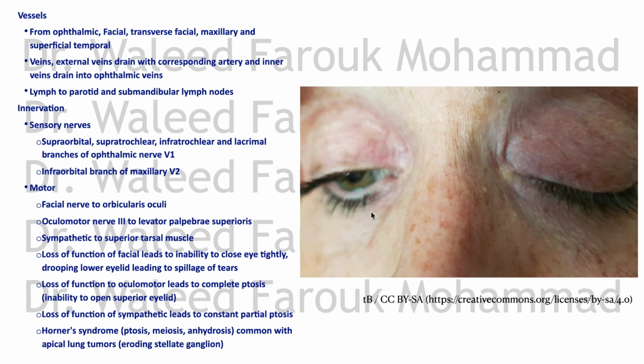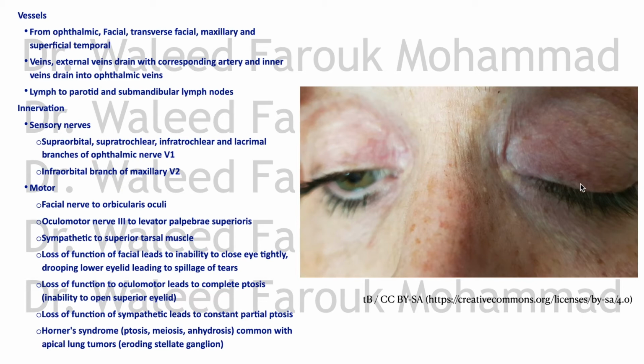On the contrary, injury of the oculomotor nerve results in complete ptosis of the eye, meaning unable to elevate the upper eyelid, because the levator palpebrae superioris will be non-functional.